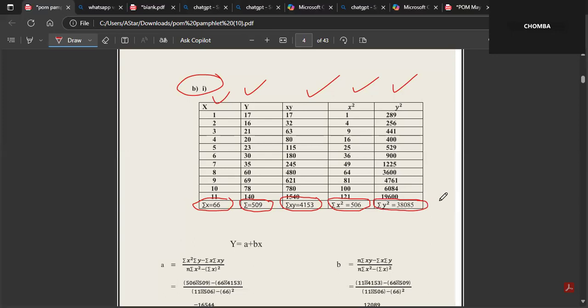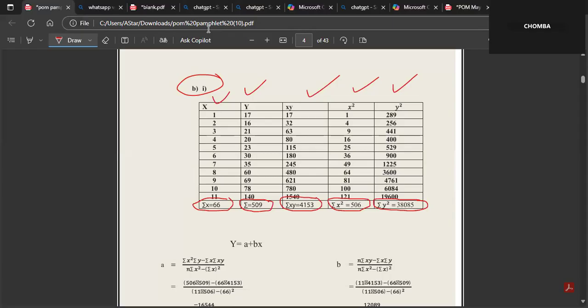So you know where they're coming from, right? XY is 4153. X squared is 506. Now let's do the same one. The summation of x is 66.